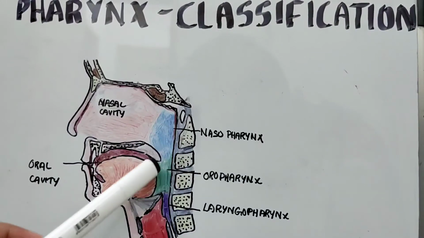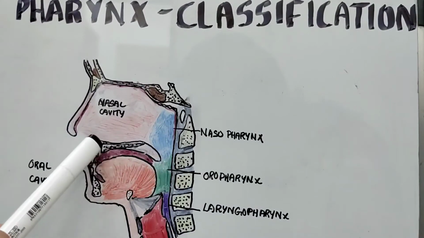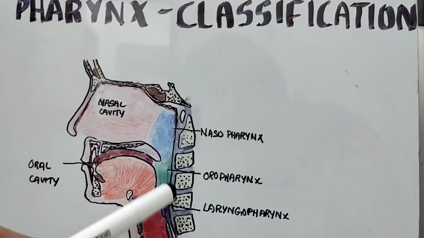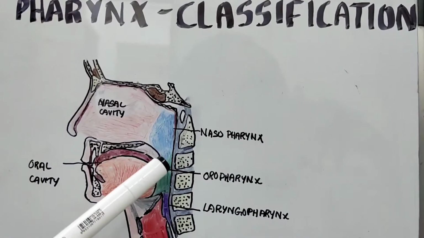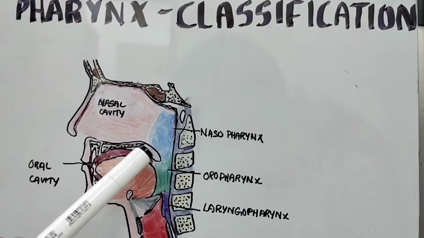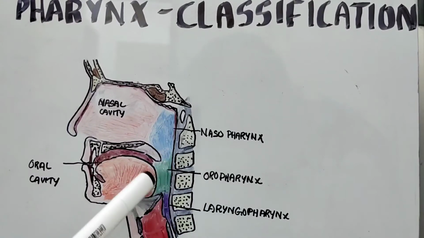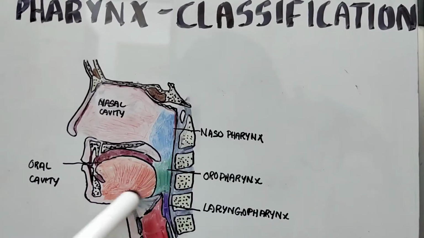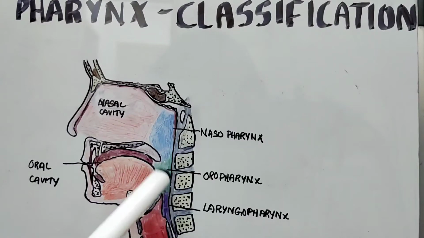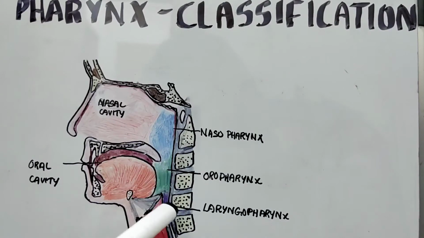It is a common tube for both food as well as air. Next is the laryngopharynx. Anteriorly it communicates with the larynx, superiorly it communicates with the oropharynx, and inferiorly it continues as the esophagus.